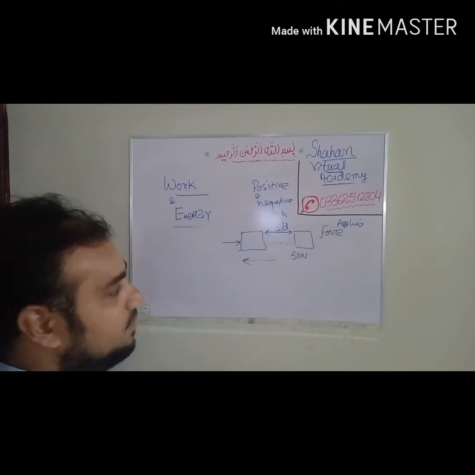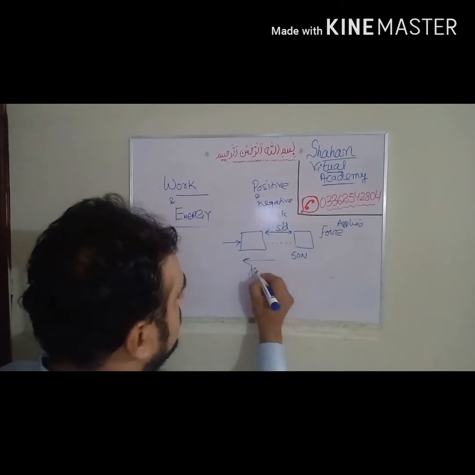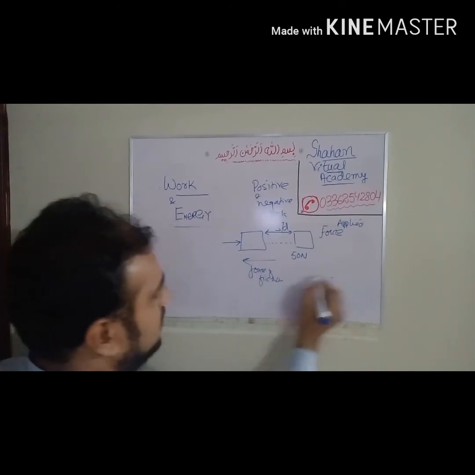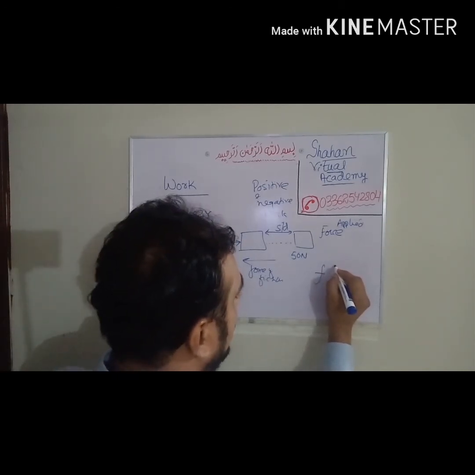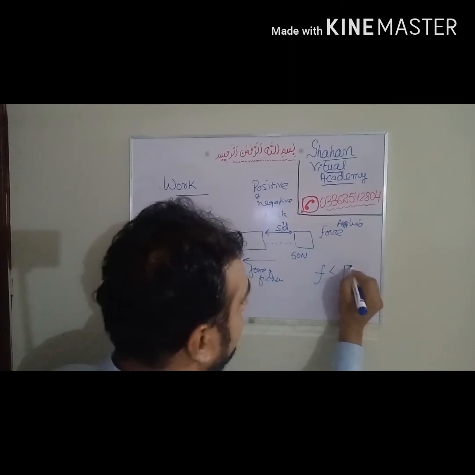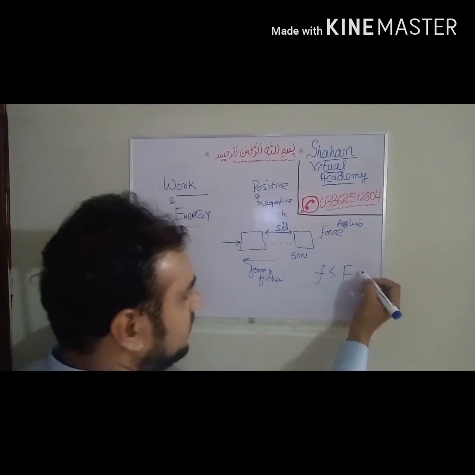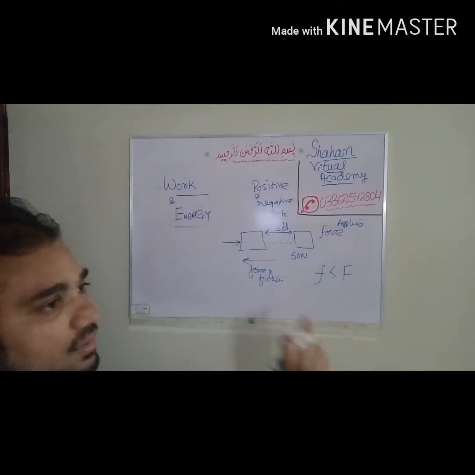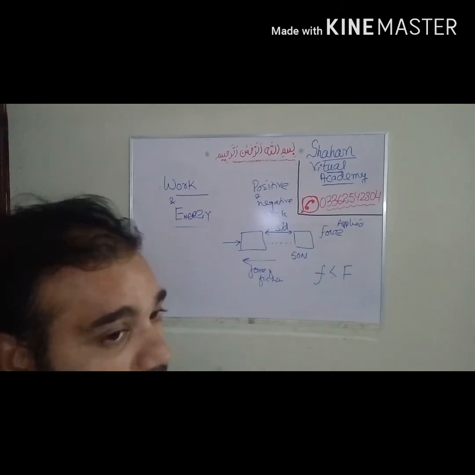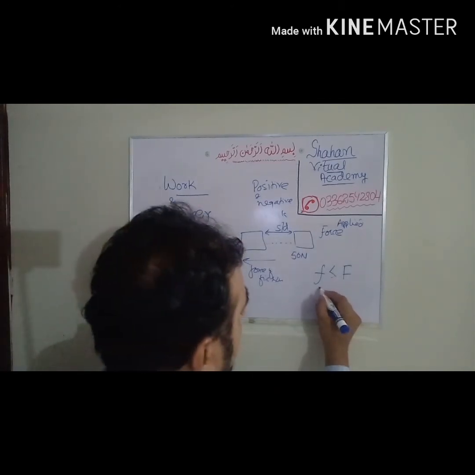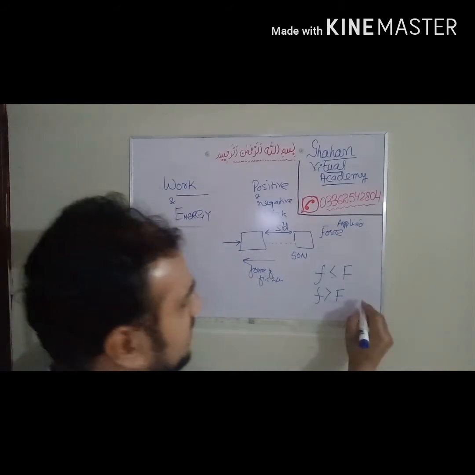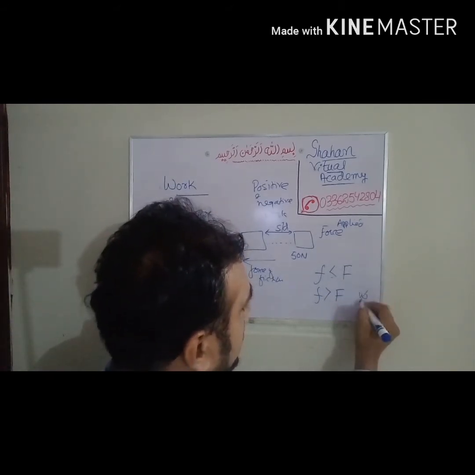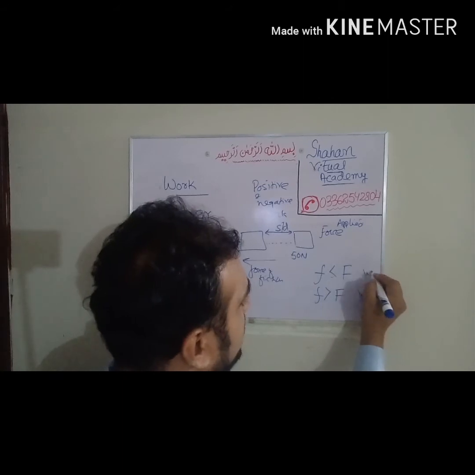The friction should be minimum compared to the applied force. In this condition, work will most probably be done. But if the friction were maximum, then work would not be done. In this case, work will be done.